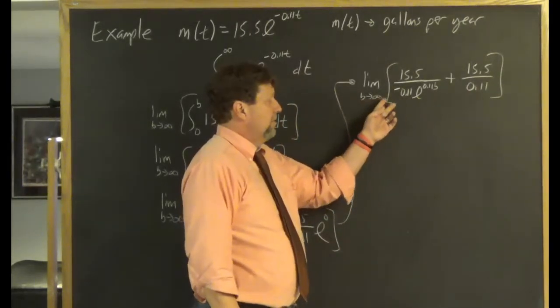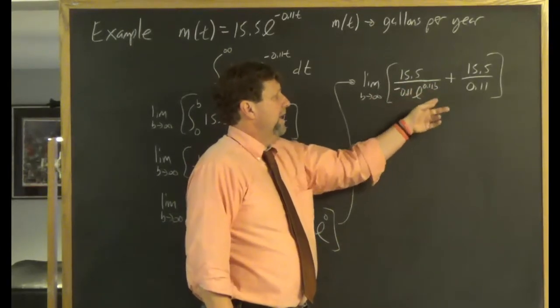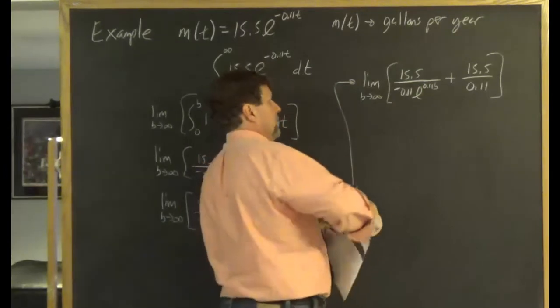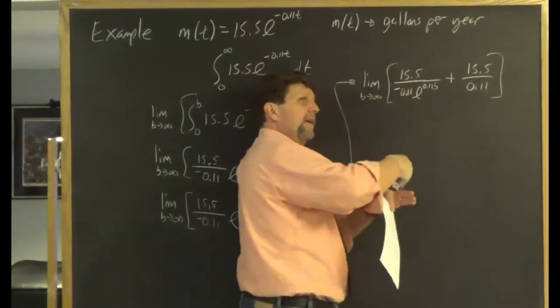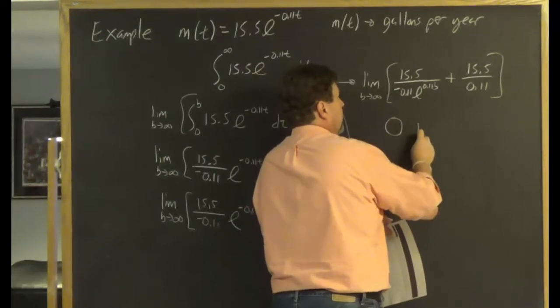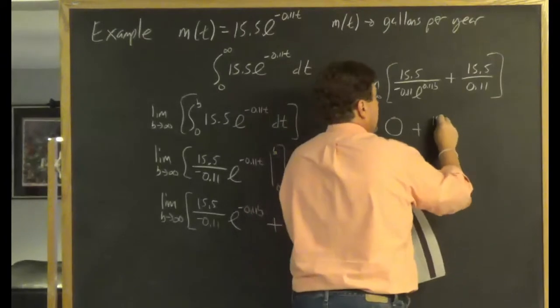Now let's do the limit. The limit is b goes to infinity. See, this first term, this denominator is getting incredibly large. So that means 15.5 divided by an incredibly large number, well, that's going to be 0. This is a constant. The limit of a constant is that constant.